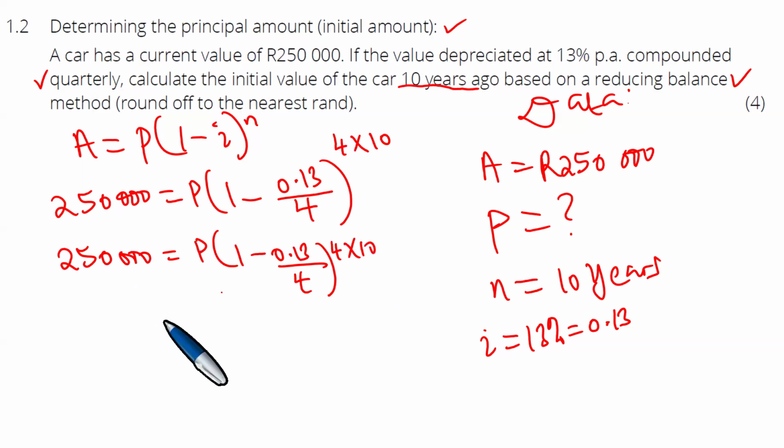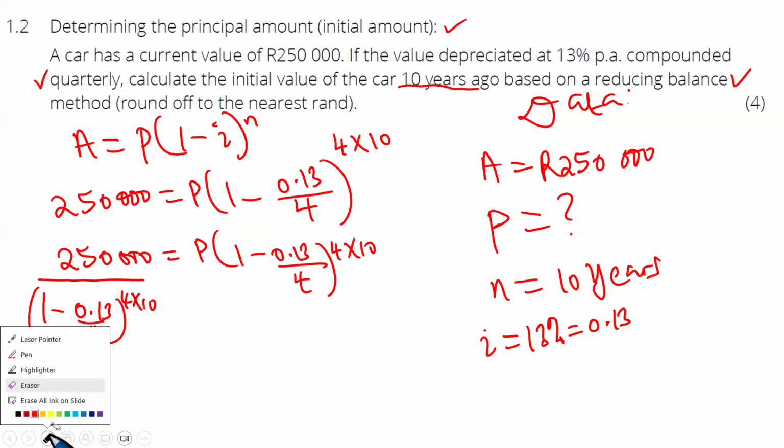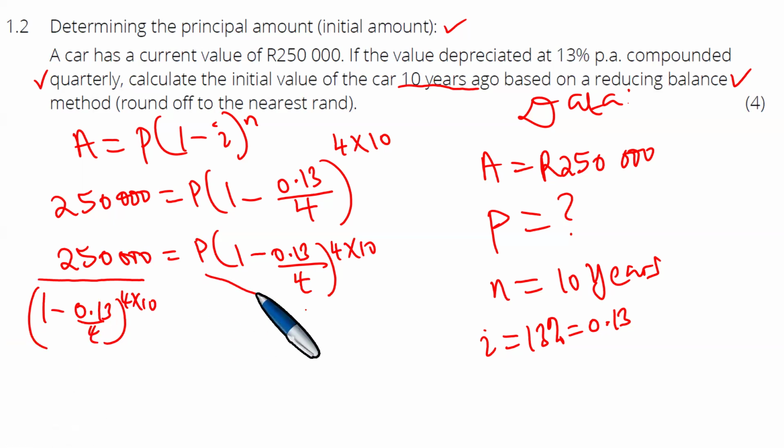Okay, we divide the left by 1 minus 0.13 over 4, 4 by 10. Right, so in this case, you have 1 minus 0.13 over 4, 4 by 10. Okay.